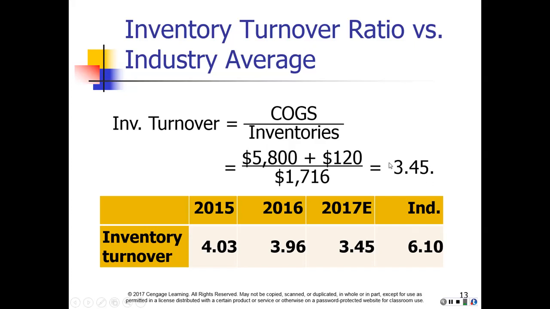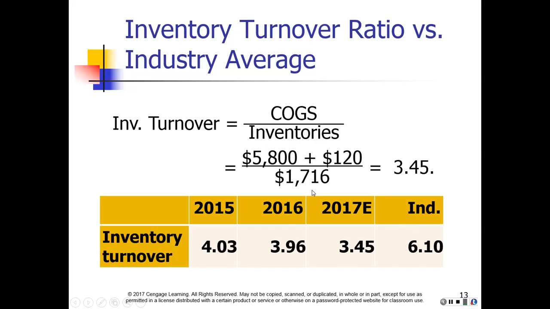And what this essentially means is that we're able to sell all of our inventory 3.45 times during the year. So you get a bunch of inventory, which is 1716. So we have inventory worth 1.716 million. Remember, these are in thousands.